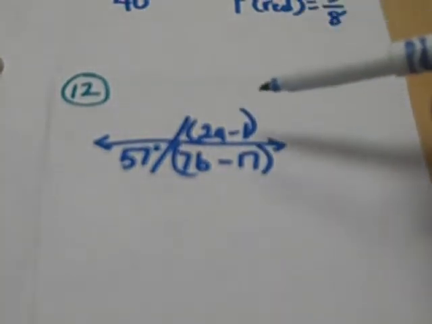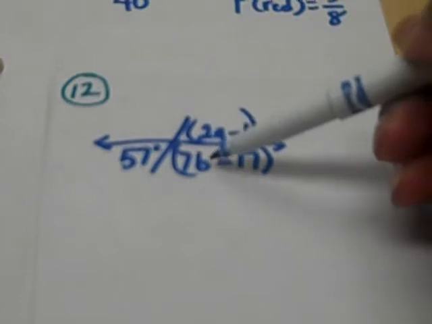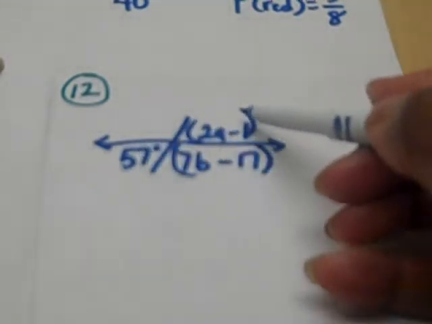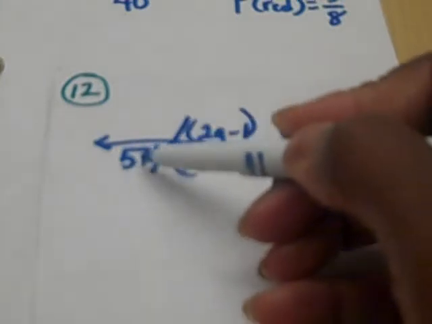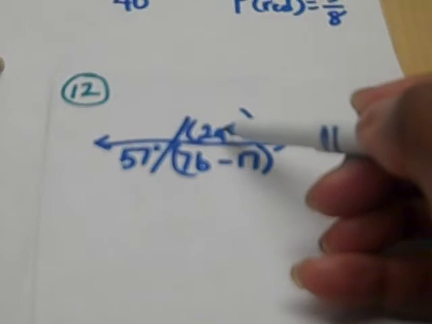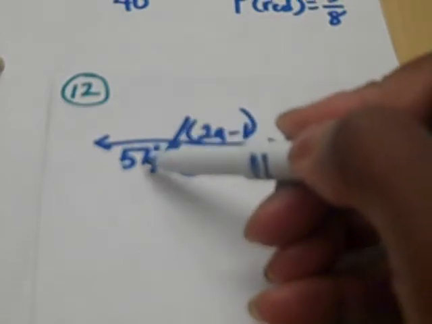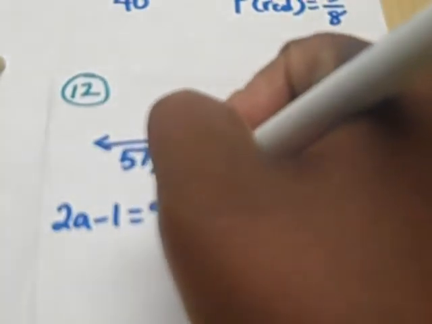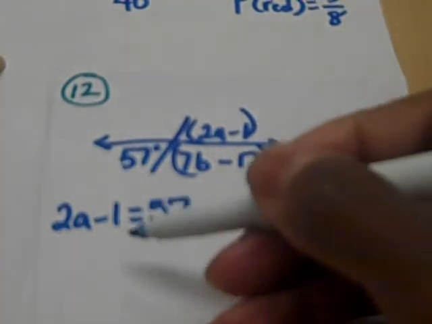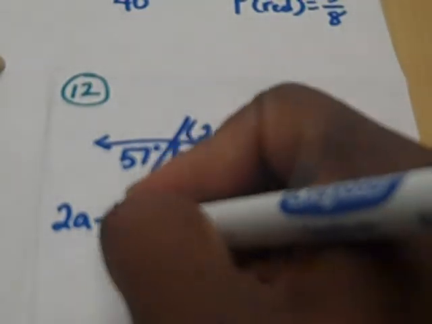Okay, we want to solve for A, and we want to solve for B. This expression and 57 degrees, this angle, they're vertical angles. So this expression equals 57 degrees. So we'll set it as such. 2A minus 1 equals 57. Since they're equal, we can solve for A using this.